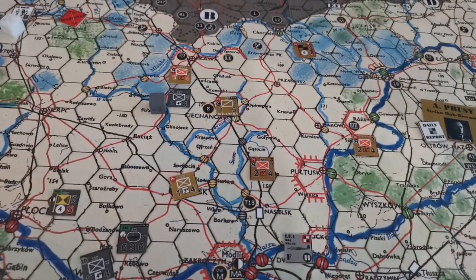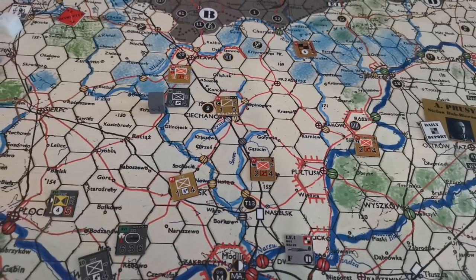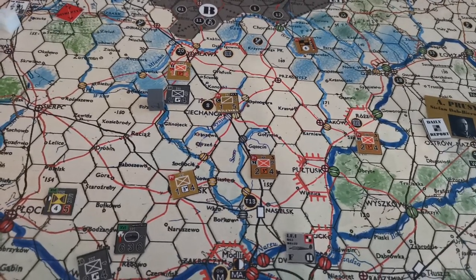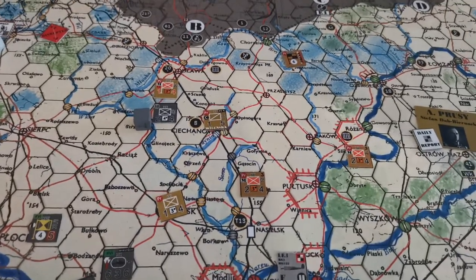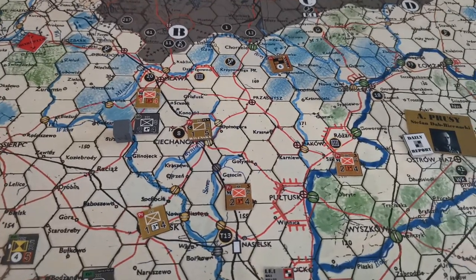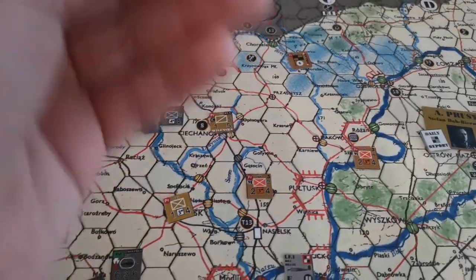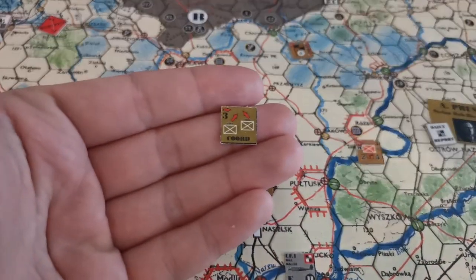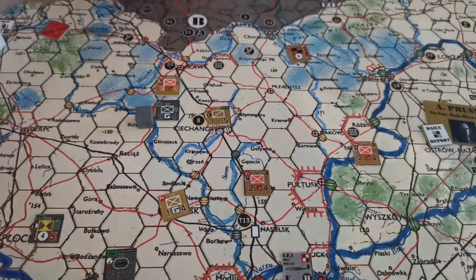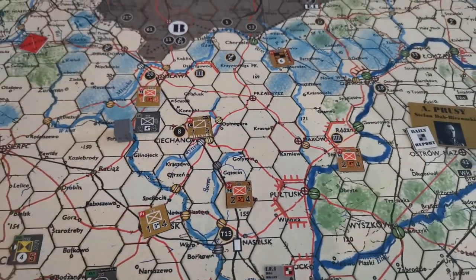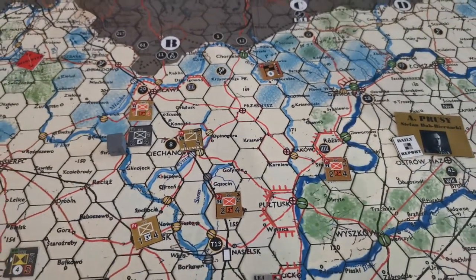No units from other armies can ever cross the operational boundaries of armies. One exception is activation of Polish coordination. When coordination is successful and armies are able to contact each other, then two armies can work as one army.